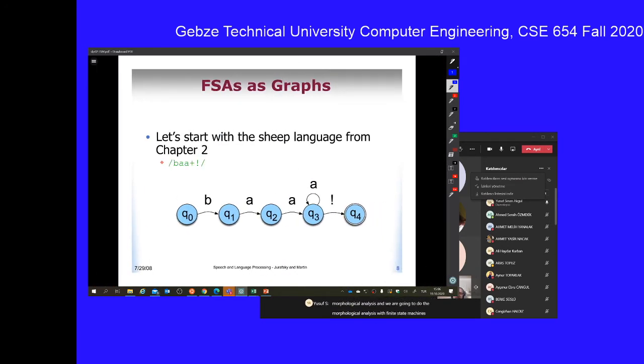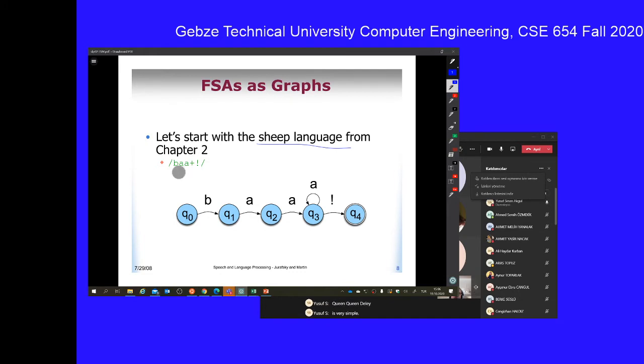Finite state machines are very simple actually, and to show how they work, let's look at this example. Let's look at this sheep language. Sheep language, koyun dili, is very simple.